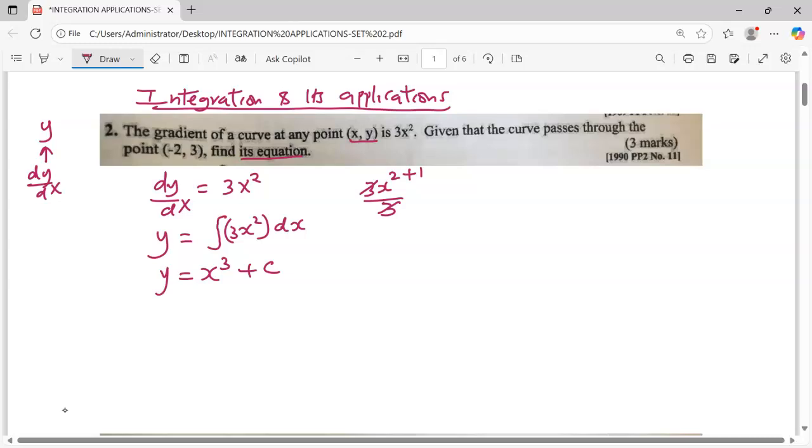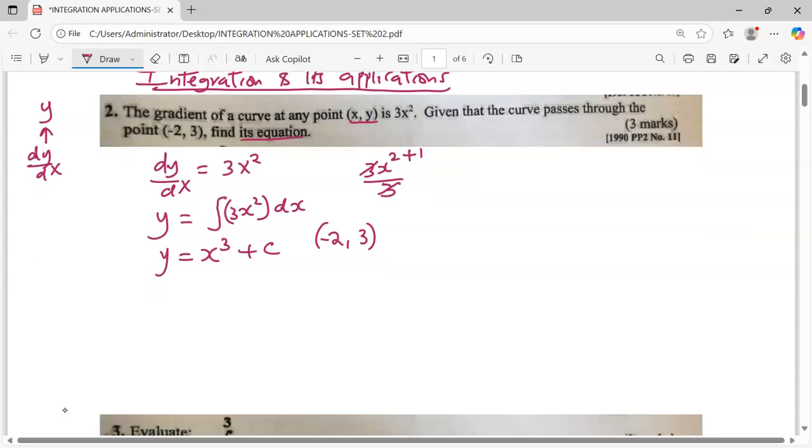Remember, we have been given the point (-2, 3). -2 is the x coordinate and 3 is the y coordinate, so we are going to replace them here. For y, we are going to place 3 being equal to x, which is -2, cubed plus c.